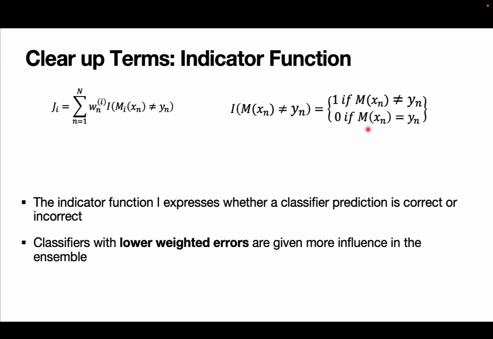For correct classification, we don't add any value, but for incorrect classification, we assign a value of 1. To summarize, the indicator function is important for calculating a weighted sum of mistakes made by a classifier m sub i, which is going to help us compute the error rate so far.